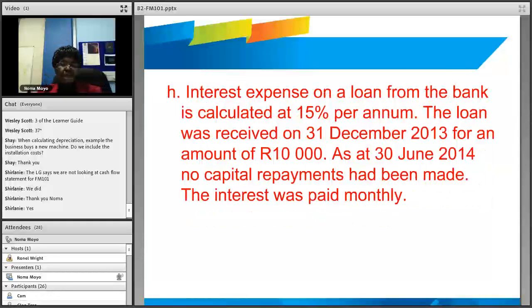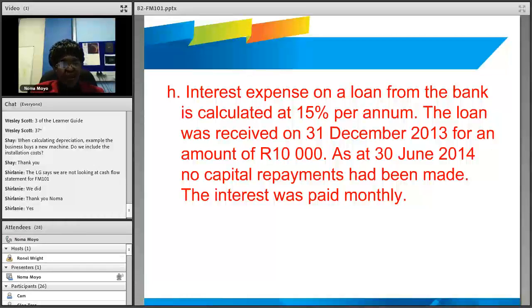H. Interest expense on a loan from the bank is calculated at 12% per annum. The loan was received on 31 December 2013 for an amount of 10,000. As at 30 June 2014, no capital repayments have been made. The loan was 15%, it was 10,000.